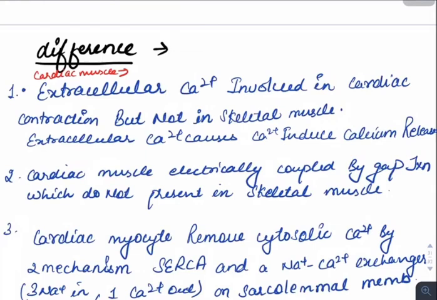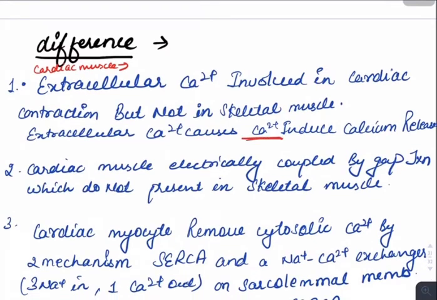In cardiac muscle, extracellular calcium enters the cell and leads to a change in the RYR receptor, and through that calcium is released into the cytosol. In this case, extracellular calcium causes calcium induced calcium release.